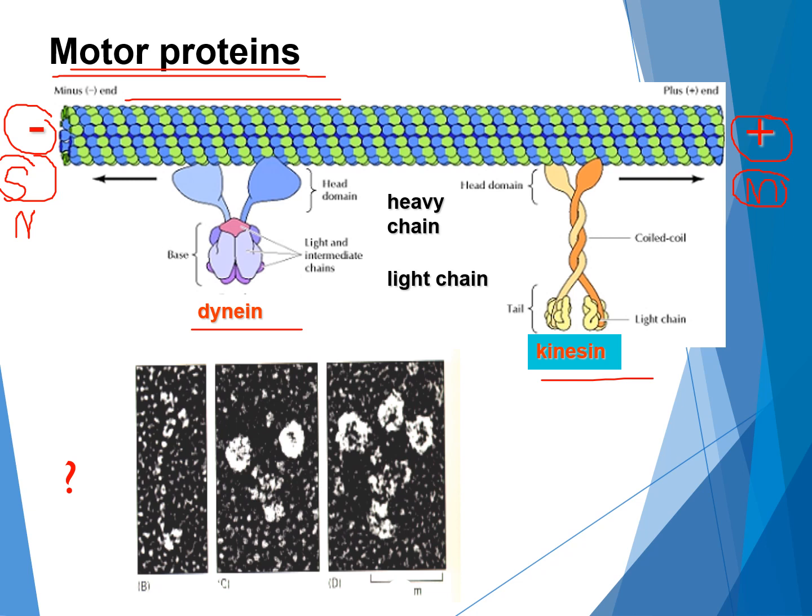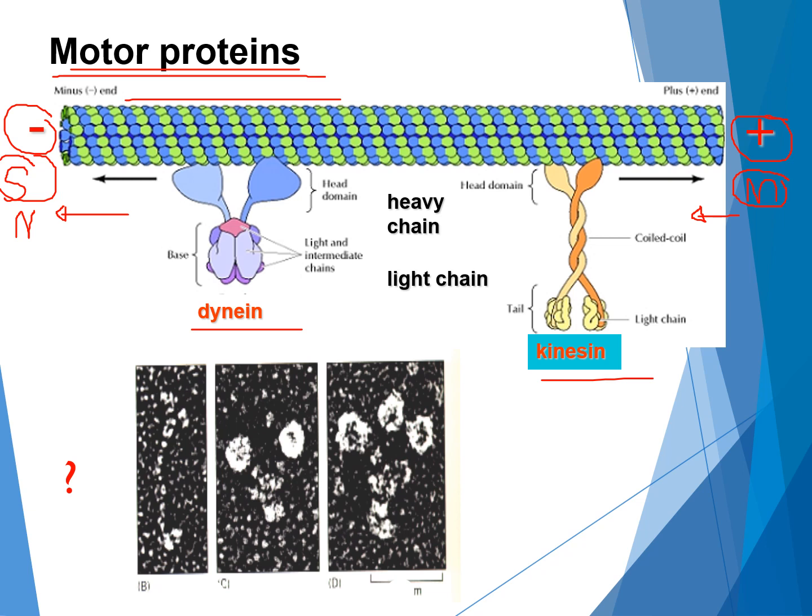We can call it a walk path or the highway for dynein and kinesin, because dynein and kinesin are vehicles for the movement of vesicles, whether for exocytosis, which means it moves from the minus end to the plus end, and also endocytosis, in which the motor protein must move from the membrane to the nucleus.